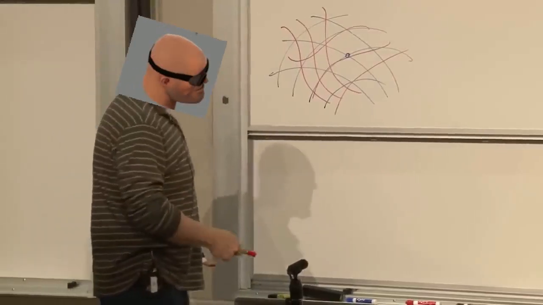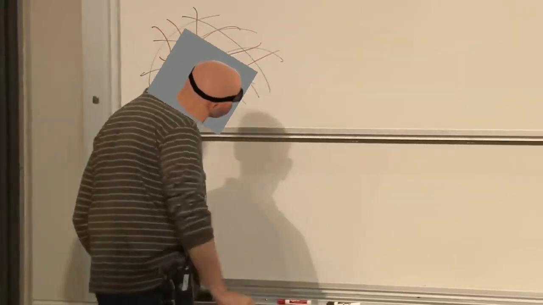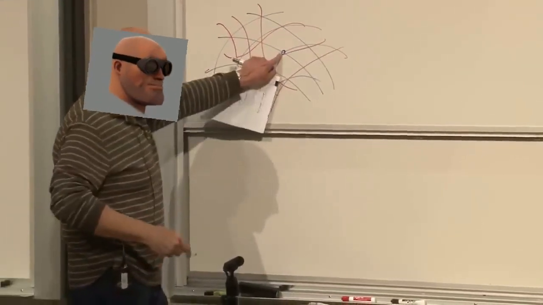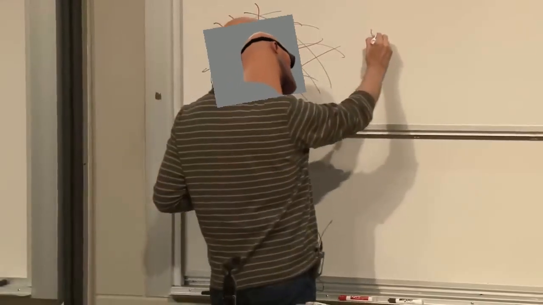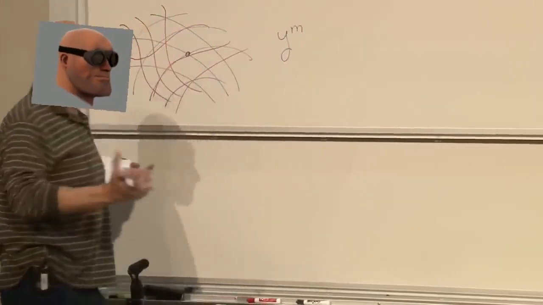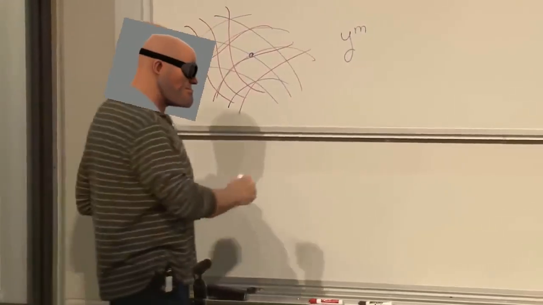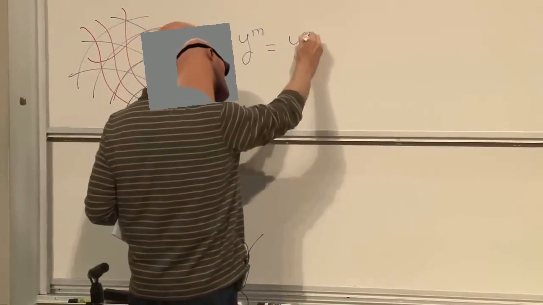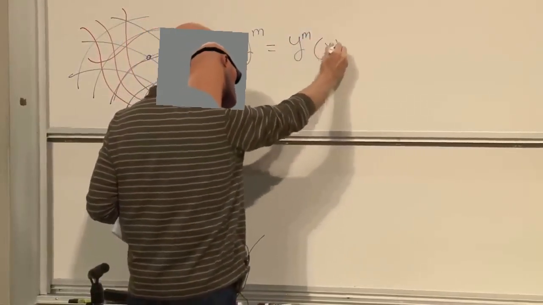But we assume there's a correspondence that if you know the value of the x's for a particular point, then the y's, so let's write that, y_m, where m runs from 1 to however many, is a known function of the x's.